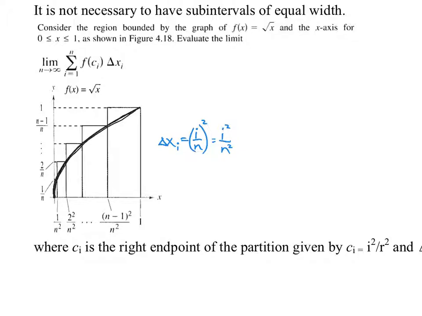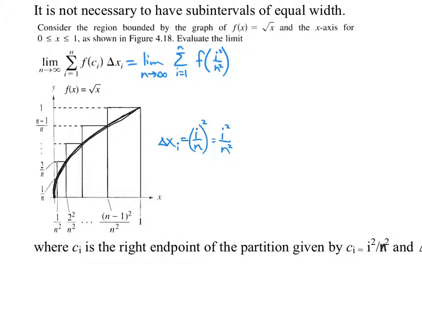So c sub i is i squared over n squared, that should be an n, sorry, typo. So we're taking the limit as n approaches infinity of the sum from i equals 1 to n of f of c sub i, which is i squared over n squared.